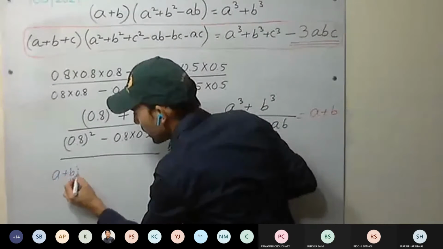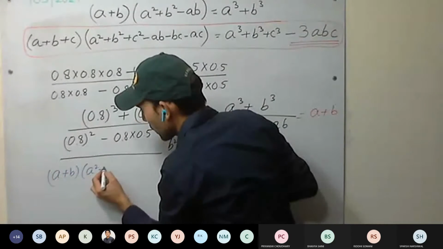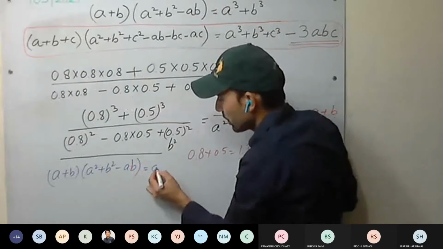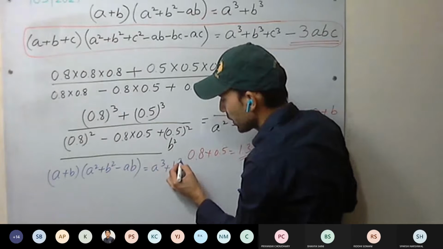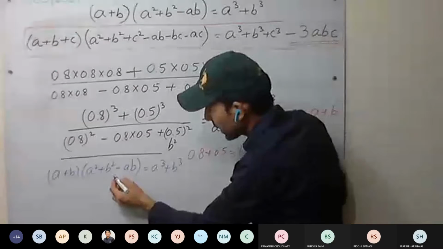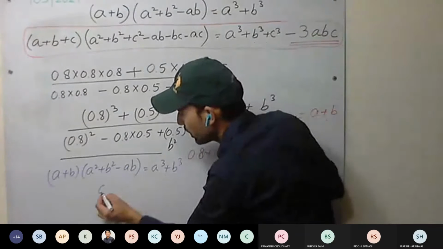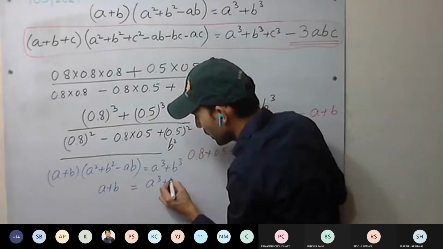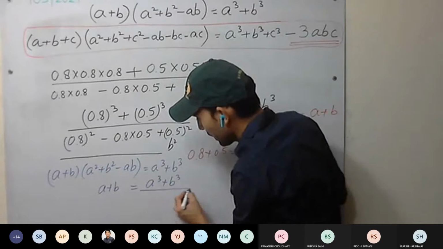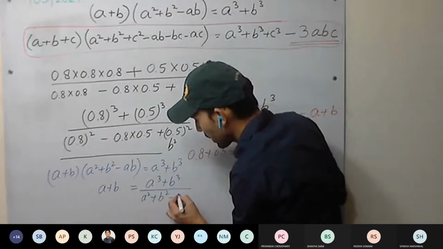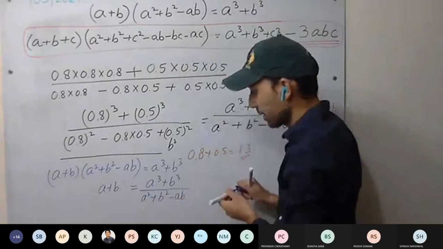A plus B into A square plus B square minus AB equals A cube plus B cube. This we all know. Now if I take this on the right hand side, it will become A plus B equal to A cube plus B cube divided by A square plus B square minus AB.